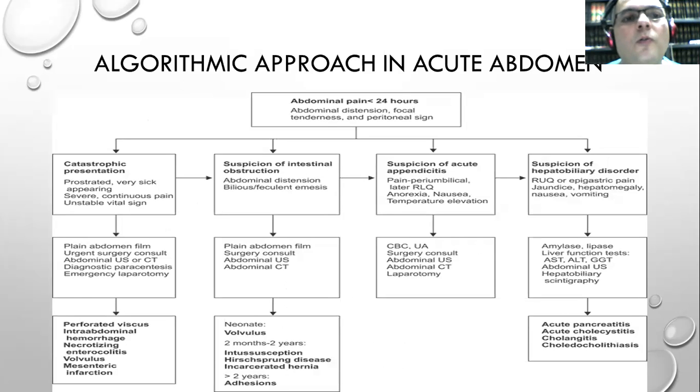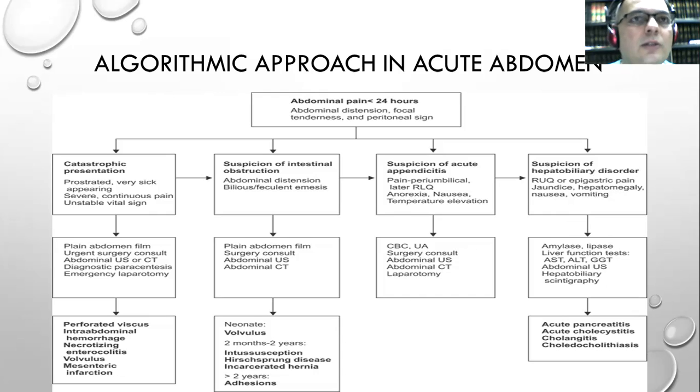So if we go for an algorithmic approach in acute abdomen, we can see that if the abdominal pain is of less than 24 hours and it is associated with abdominal distension, specific tenderness, and peritoneal signs, and if the child presents with catastrophic presentation, he looks very sick, he has a severe continuous unstable pain and unstable vitals, then investigate with a plain abdomen film urgently, and we need to see whether a surgical intervention is required.